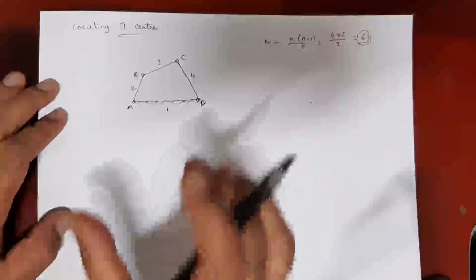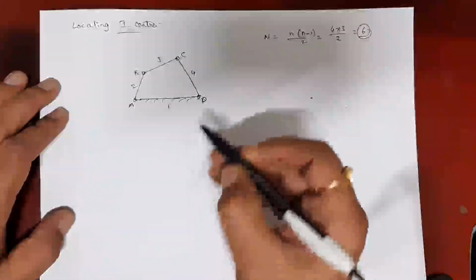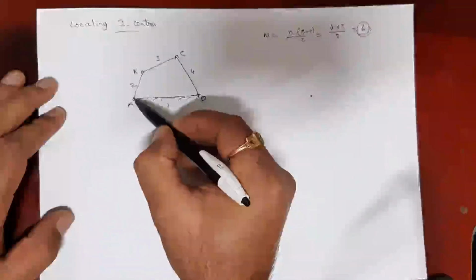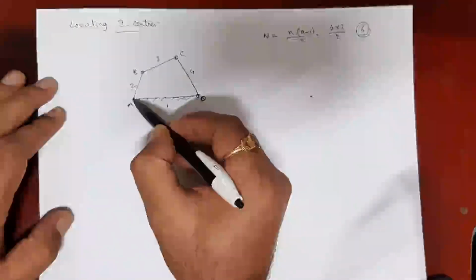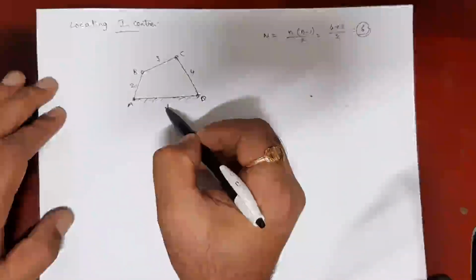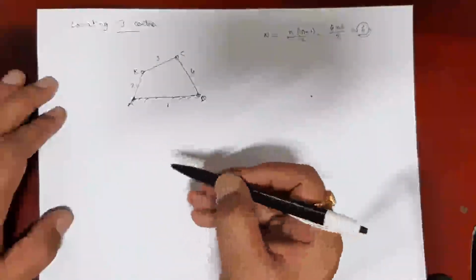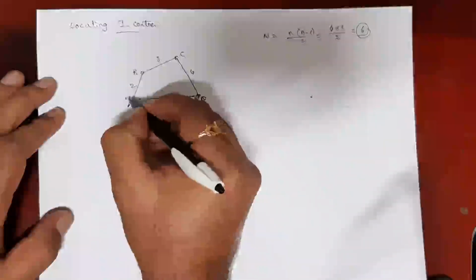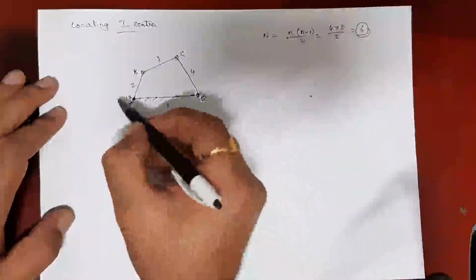First, if we observe this 4-bar mechanism, link 2 is rotating relative to link 1 about point A. So I12 is at the point A, at the hinge joint A. So I12 you can locate.